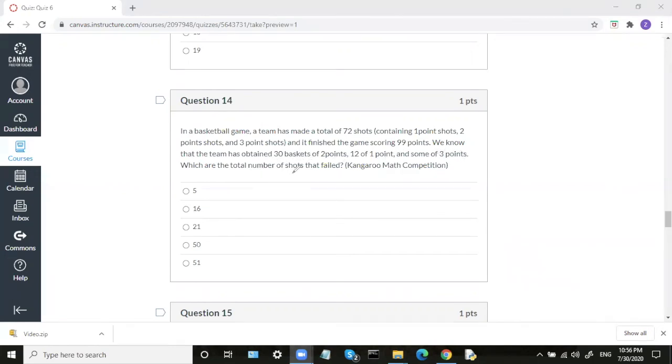What is the total number of shots that failed? Okay, so the total shots is 72, and the total score is 99.